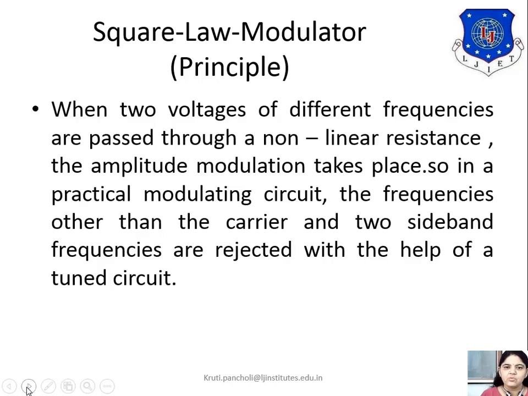The principle of the square law modulator is that whenever two voltages of different frequency are passed through a nonlinear resistance, amplitude modulation takes place. In a practical modulating circuit, the frequencies other than the carrier and two sideband frequencies are rejected with the help of the tuned circuit.